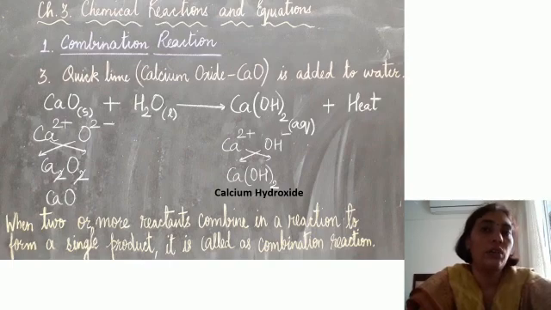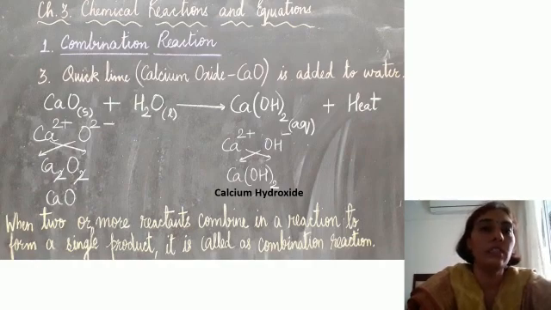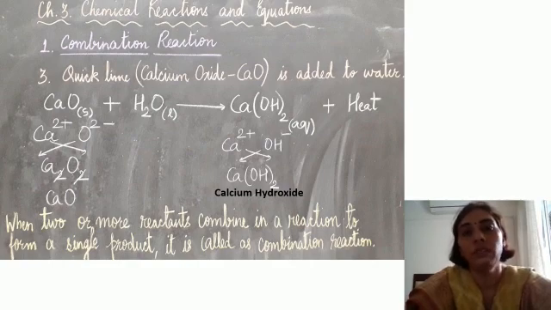The test that we do for detecting presence of carbon dioxide gas is passing it through lime water, that is calcium hydroxide. If it turns milky, it indicates that the gas is CO2, because when calcium hydroxide reacts with carbon dioxide, it forms calcium carbonate, which is insoluble.